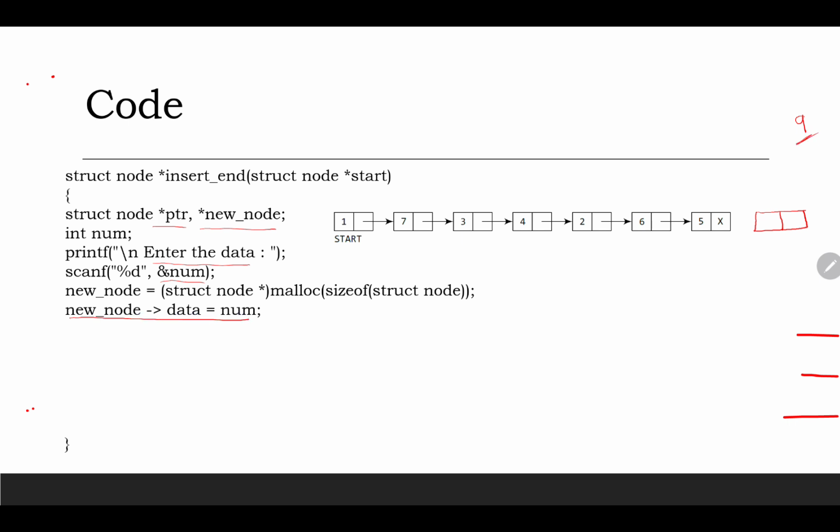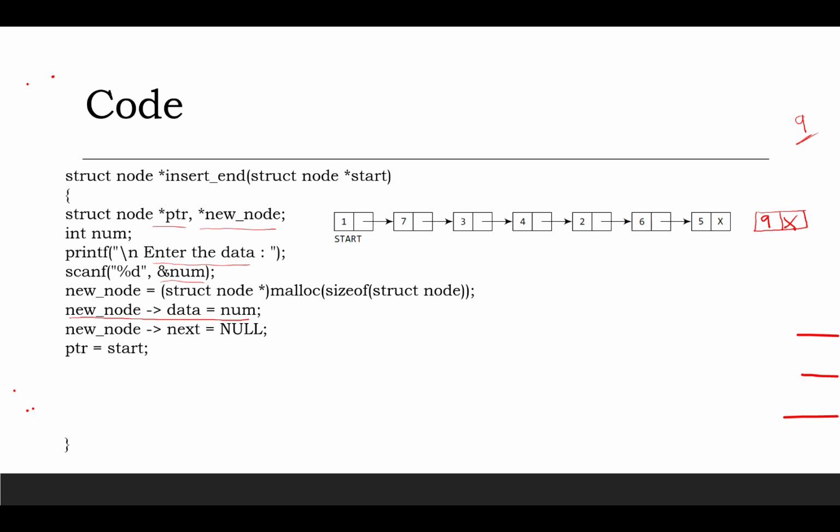What is our num value? It is 9, so we assign the value here. Then new_node->next = null. In the address part, we assign the value null. Why do we assign null? Because we are inserting the new node at the end, so the address part will be null.